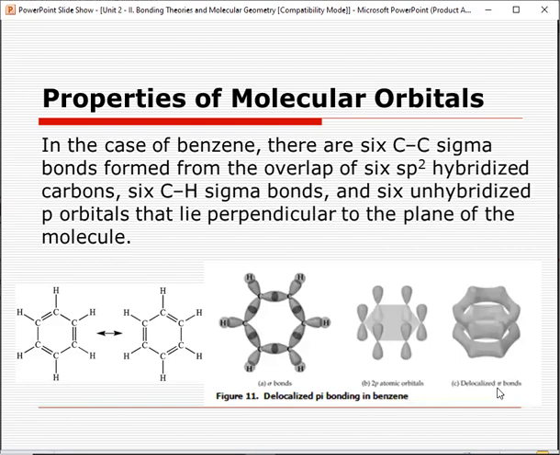Another example, so in the case of benzene, there are 6 CC sigma bonds formed from the overlap of 6 sp2 hybridized carbons, 6 CH sigma bonds, and 6 unhybridized p orbitals that lie perpendicular to the plane of the molecule. So, ang structure sa benzene is this, diba?